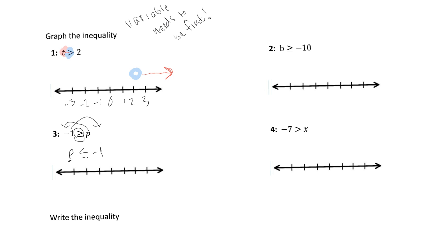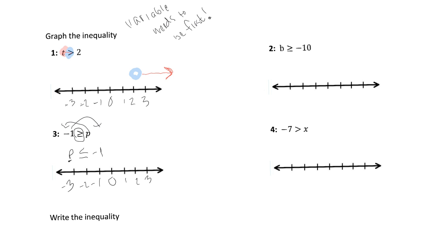Okay, so now I'm going to number my number line. Again, I put 0 pretty much in the middle: 1, 2, 3, -1, -2, -3. When you get to bigger numbers, obviously that's not going to work, so you can go by 2s, you can go by 5s, whatever increments you need, right? I'm looking at this inequality symbol. It's an equal to, so I know it's a closed circle.